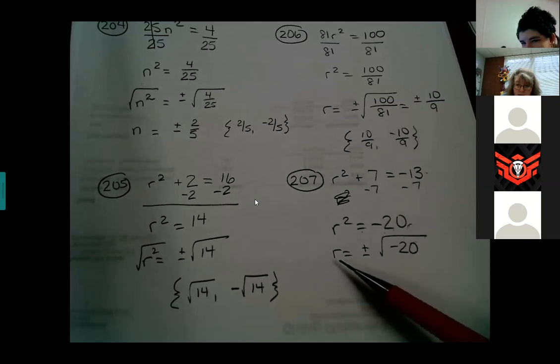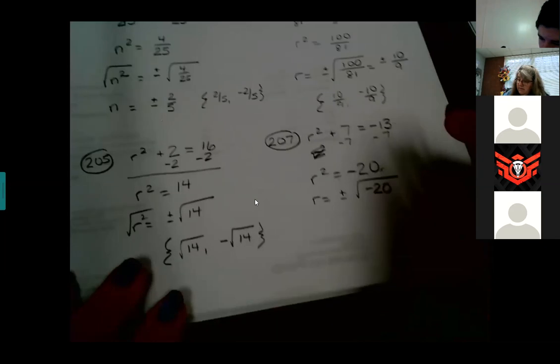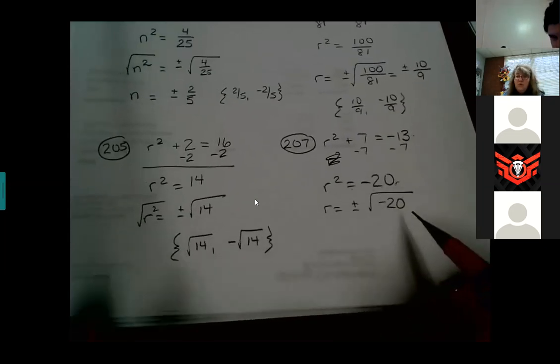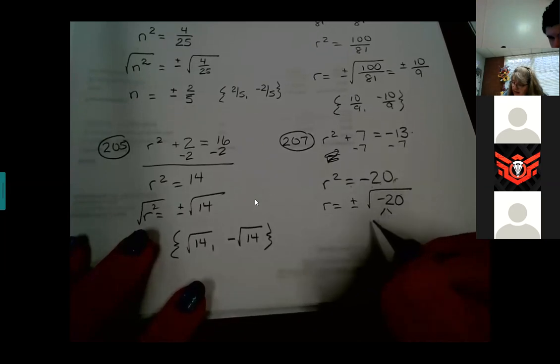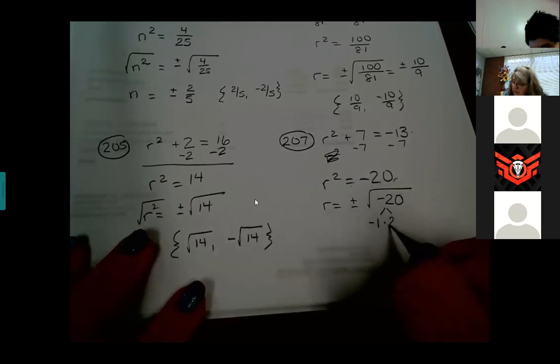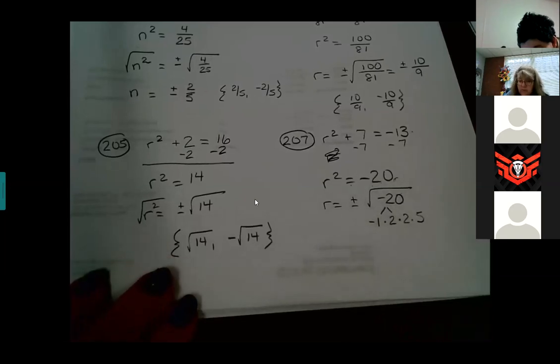Then I took the square root of both sides. Okay, square root of r squared is r. The square root of negative 20 is the square root of negative 20. Then I break this down. This was what was on the quiz that y'all took yesterday. So negative 20 is negative 1 times 2 times 10, and 10 is 2 times 5. So what can I pull out? 2i.